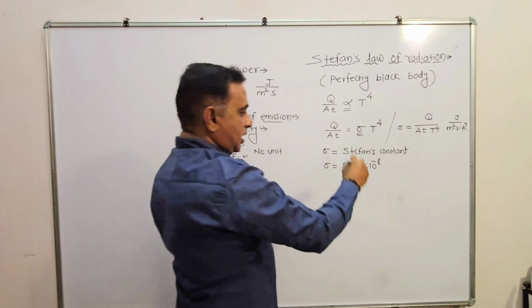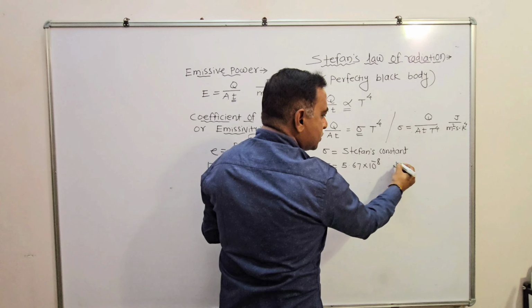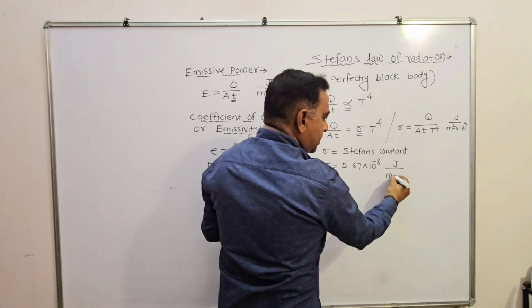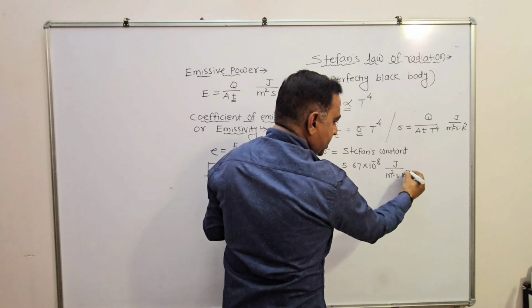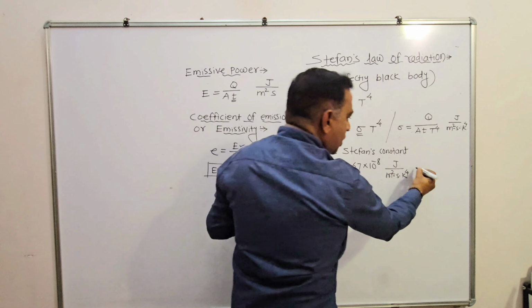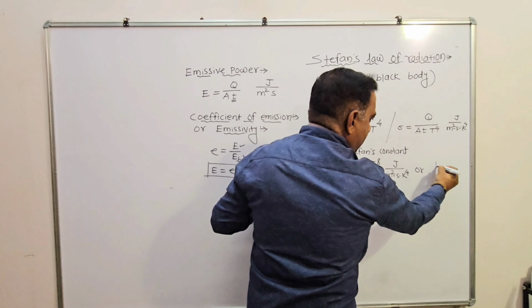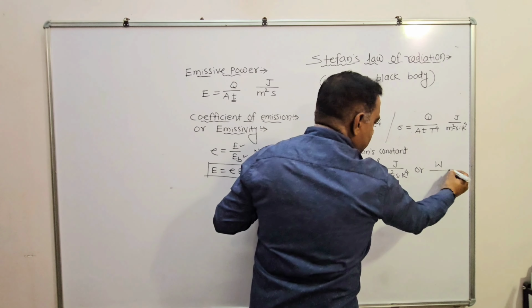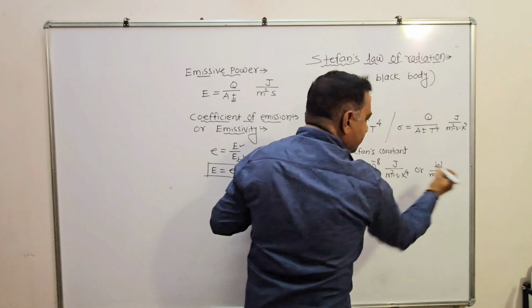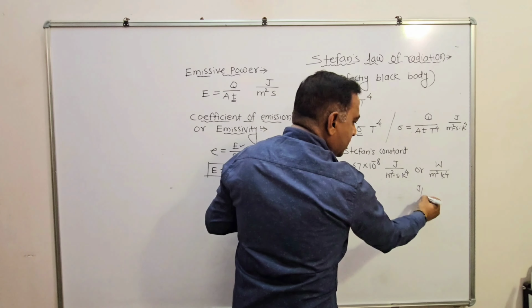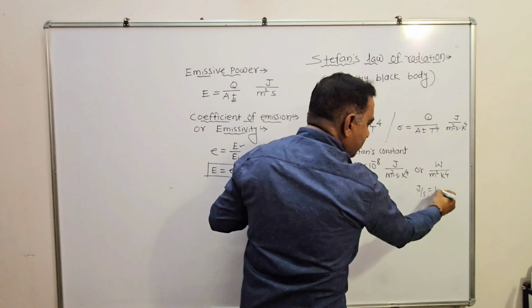Or again we can write joule per meter square second Kelvin raised to power 4, or watt per meter square Kelvin raised to power 4. Why? Because joule per second is nothing but watt.